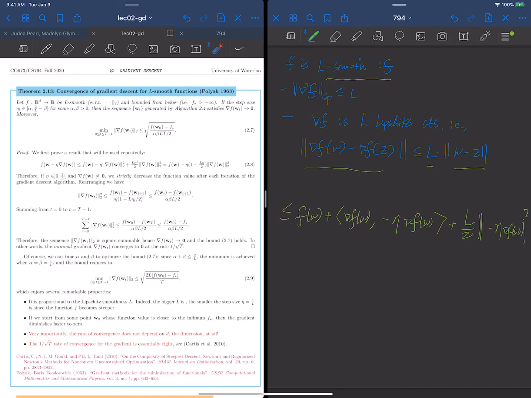And if you rearrange, this is just the norm, you get what I wrote here. Nothing fancy, it's just the definition of L smoothness.